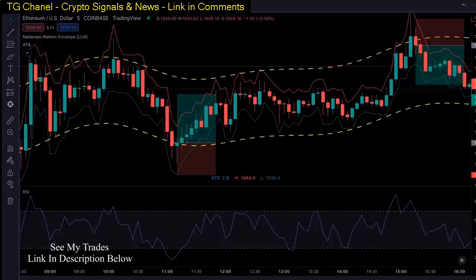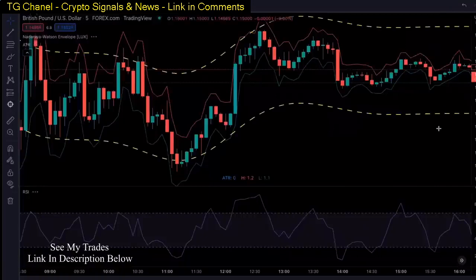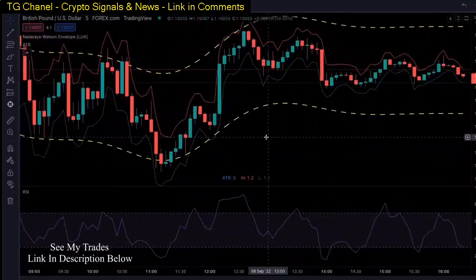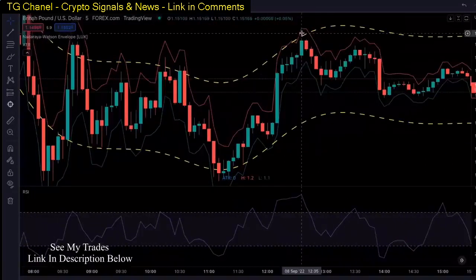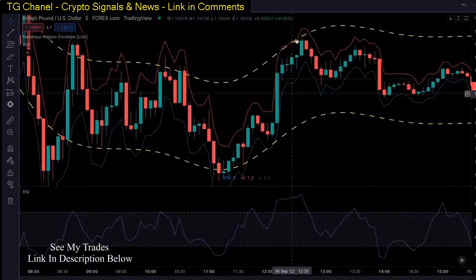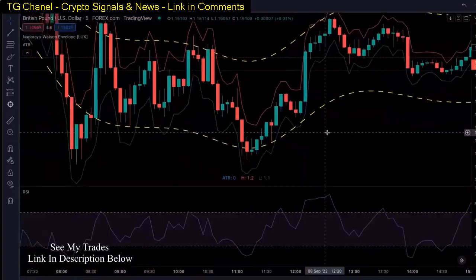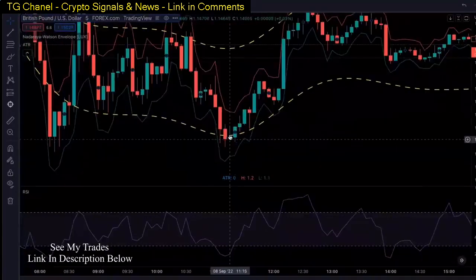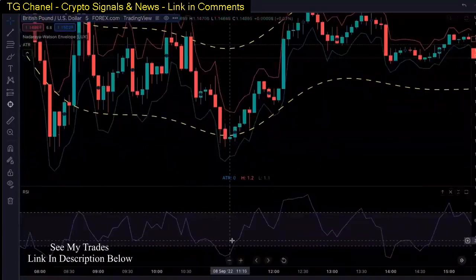Let's take a look at Forex. Let's look at the GBP USD. Let's go live again. Yeah, that didn't go outside of this channel, even though this was overbought. It did not go outside, so we would not have gotten in right there. This would have worked right here because you've got price action that went outside this channel.